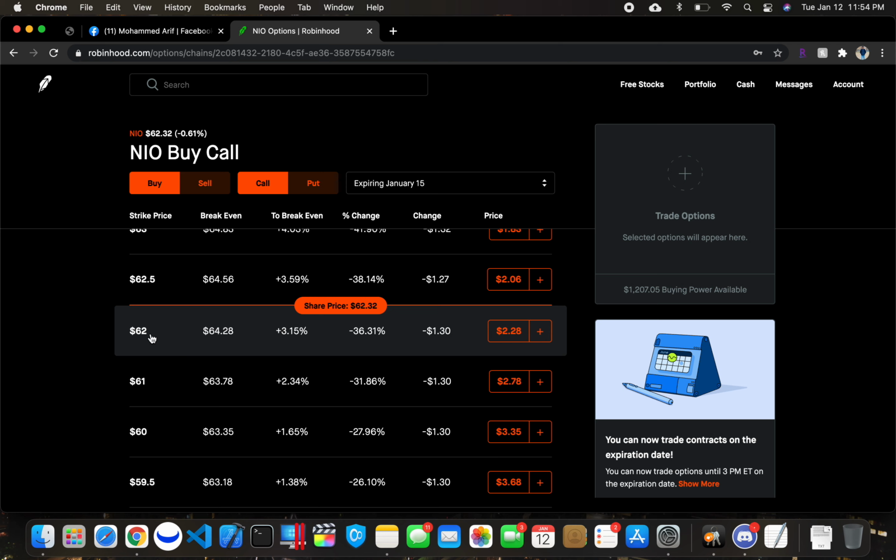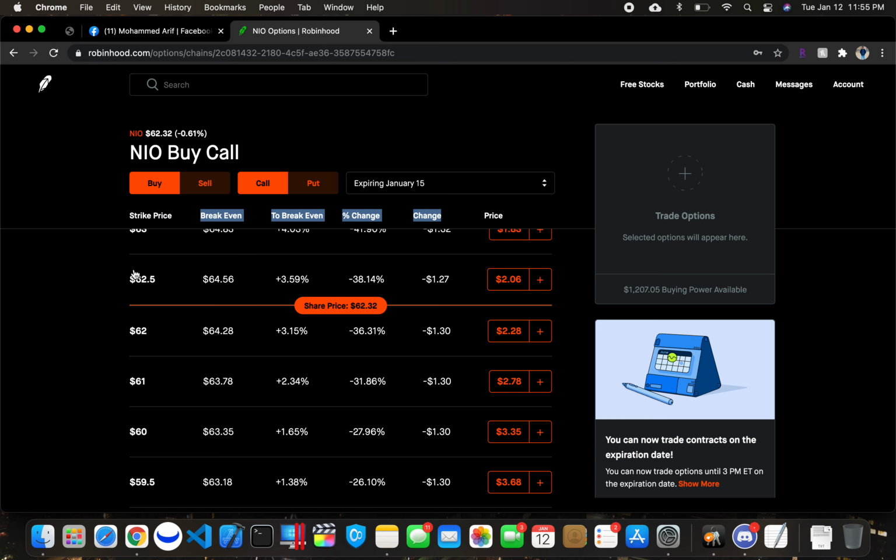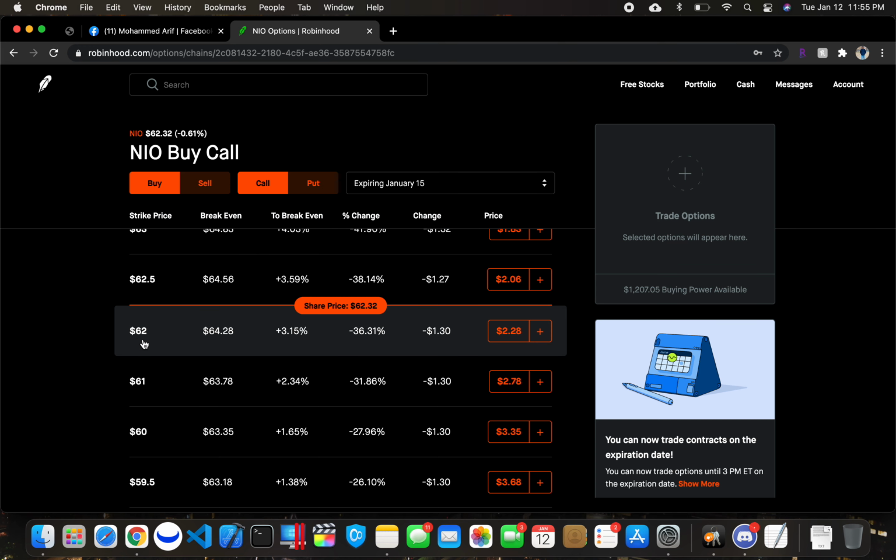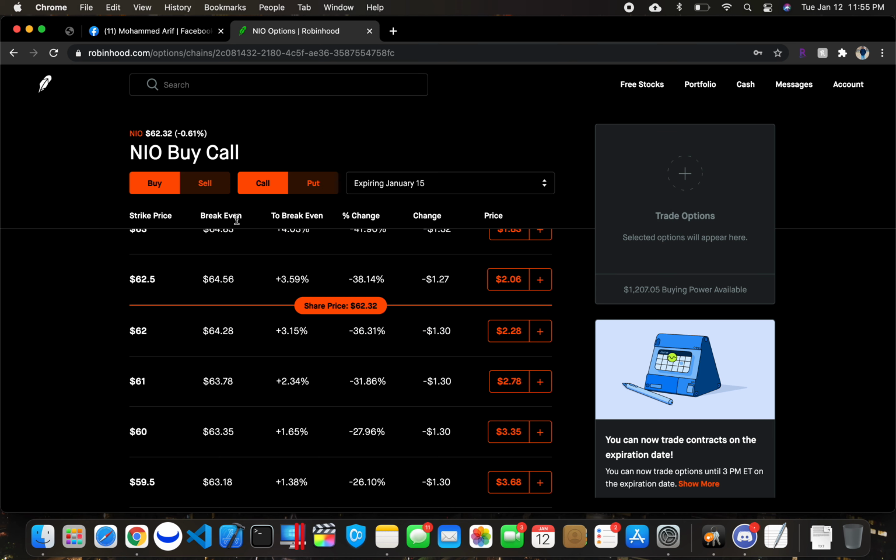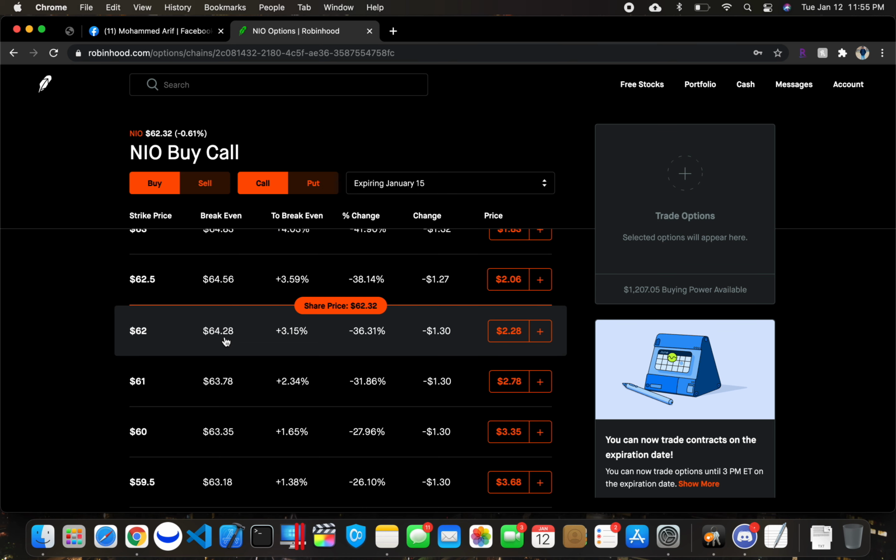If you buy this call at $62, this is the strike price, meaning you're saying, okay, I will buy Neo at $62, and to break even, you will make the most profit if Neo goes up to 64.28, which means a 3% increment.